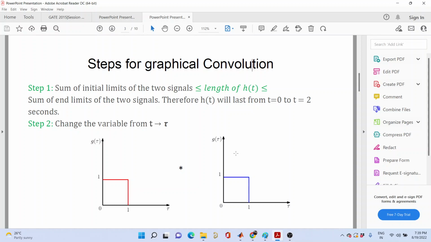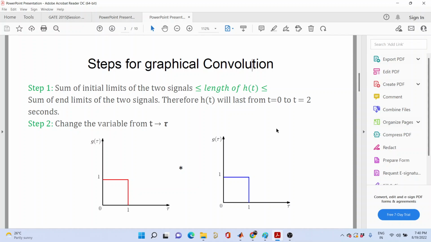What about the starting point of h(t)? That would be the sum of the starting points of these two signals, that is 0. The ending point of h(t) is the sum of the end points of these two signals, that is 1 plus 1, that is 2. So from the first step, we can say that h(t) starts from 0 and ends at 2.